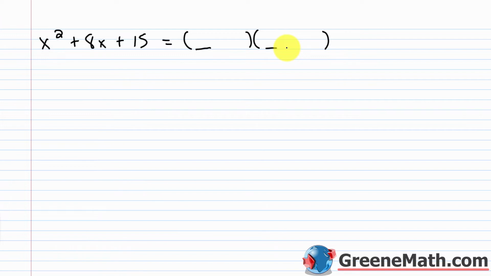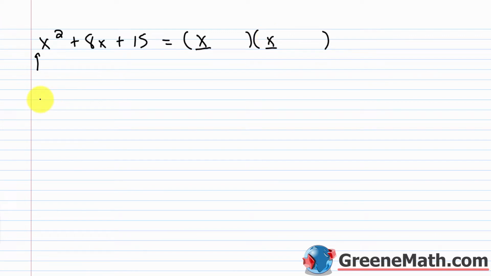Remember, the first thing you do is multiply the first terms together, the F in FOIL. So x times x gives you x squared. That's always going to be the case when your coefficient for the square term is a 1. The first 2 positions are going to be that variable that you're working with raised to the first power.